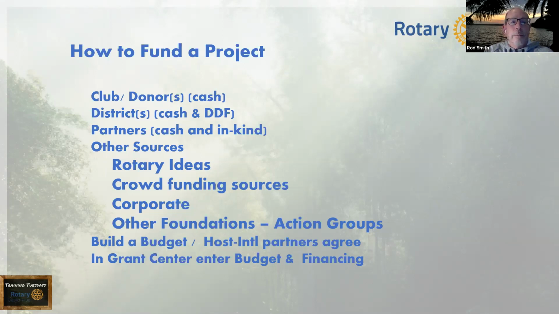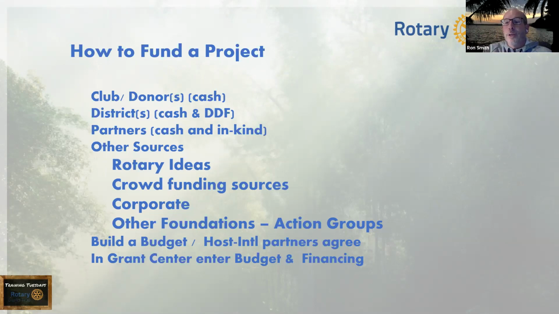You can put on Rotary Showcase that you have a project that's going on and you need money. There's a matchinggrants.org website, which is like a project marketplace where you can get clubs to go out there.